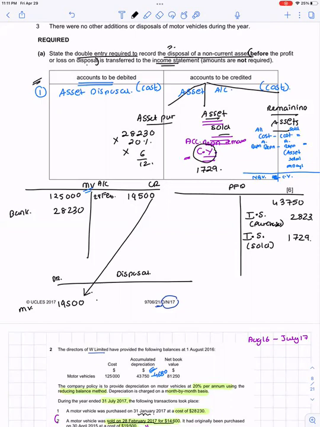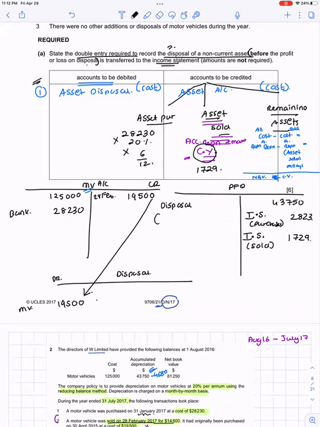Are you with me? Yes. Now dispose here. Income statement I'll put for the current year. Now from here I will have to dispose of everything that is related to the asset sold.